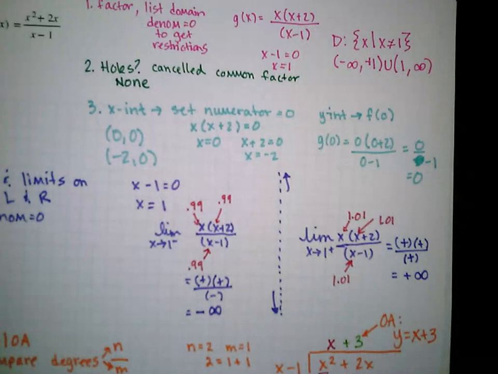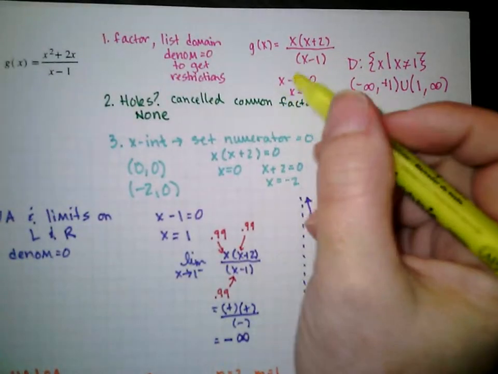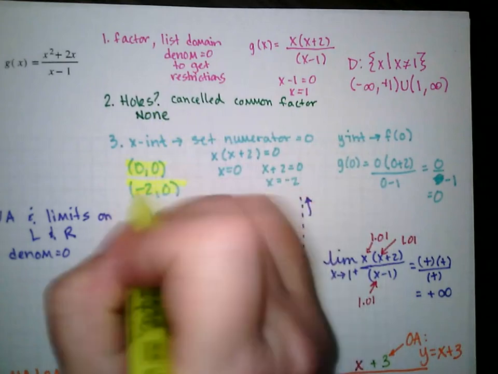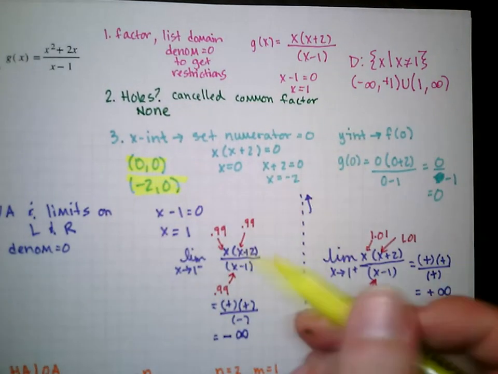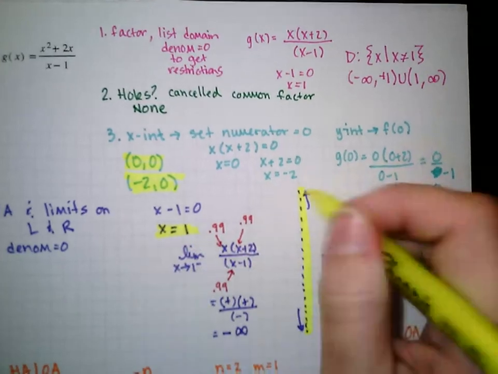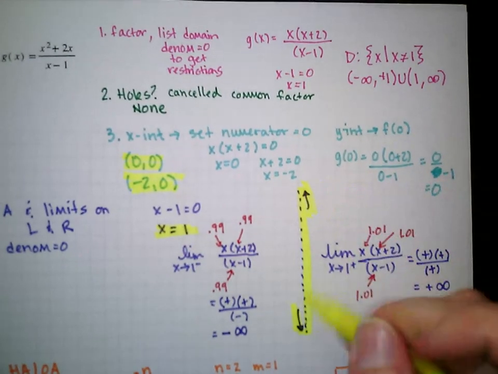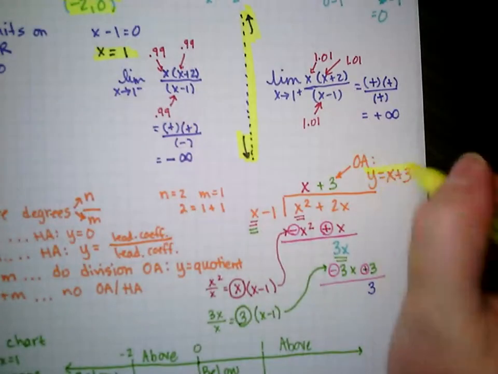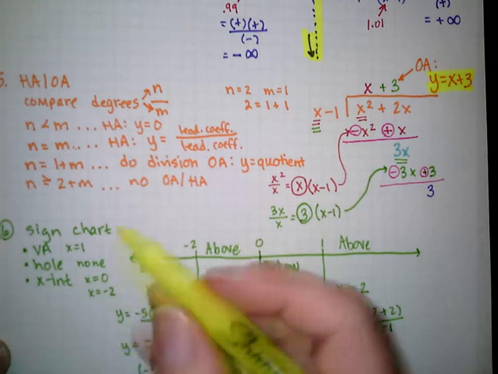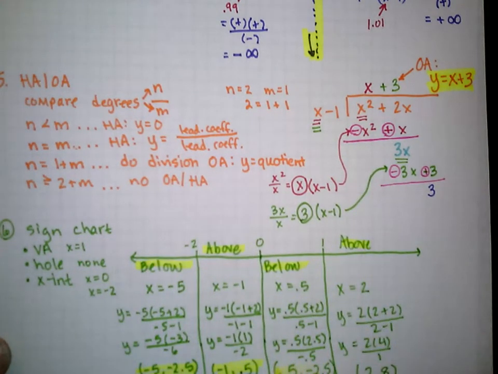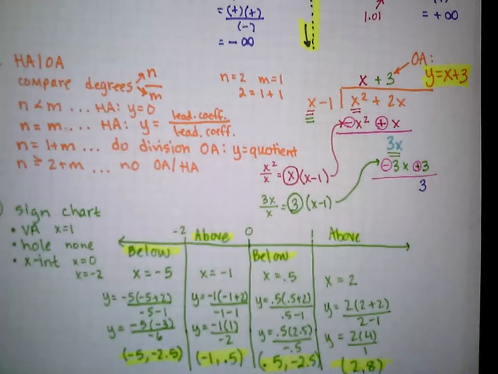So things that are going on the graph will be the holes, which there aren't any, x-intercepts and y-intercepts, the vertical asymptote at x equals 1, along with which direction our function is headed, the oblique asymptote as a dashed line, and then I'm going to pay attention to the above, below, and I'm going to add these extra ordered pairs on there. Okay.